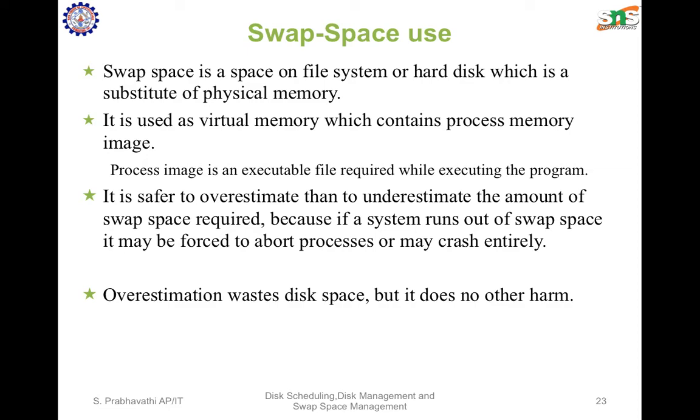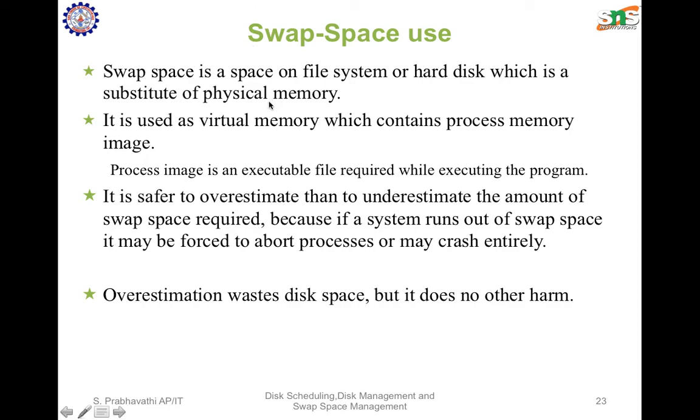Virtual memory holds our program by means of a space called swap space, either in the file system or in the hard disk. It is used as virtual memory which contains the process's complete memory image. Image in this sense, don't think of JPEG or PNG. This process image is nothing but an executable file that is required while executing that process. Okay, swap space.